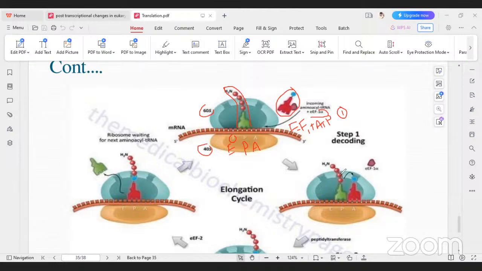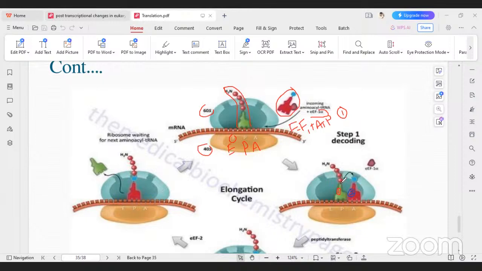Now, where is the second tRNA? This is the first tRNA amino acid. The red color, the pink color, is the second tRNA amino acid here. So, the first step is clear.